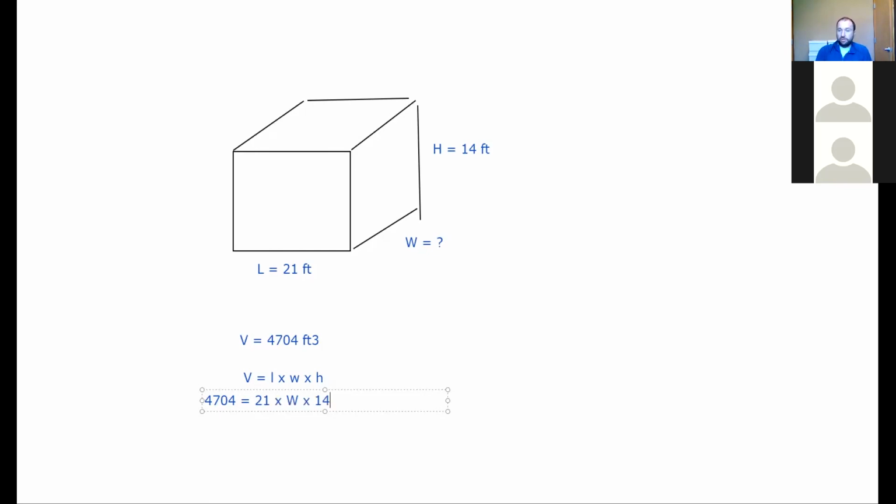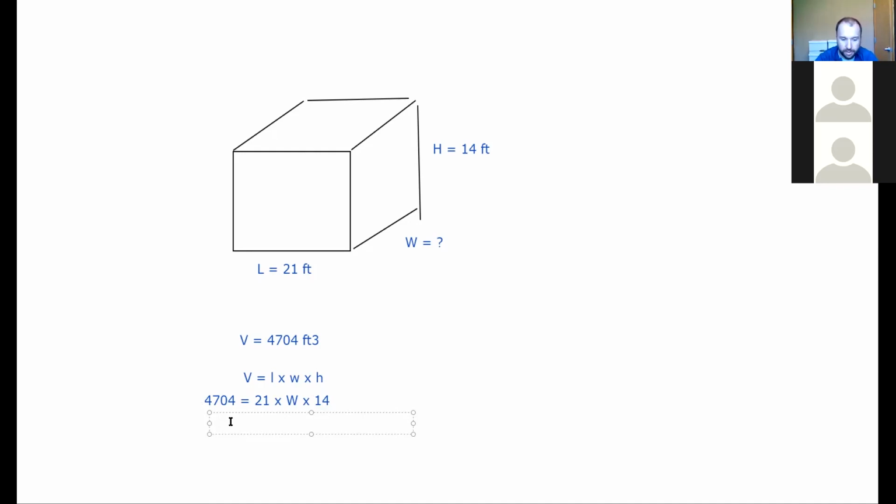Okay, so for those of you that have gone through some algebra or feel pretty comfortable, how do we solve for that unknown variable? How do we figure out what W is? Okay, well, the first step, or maybe the next step, would be combine what we can. In other words, we can do 21 times 14 and figure out what that is.